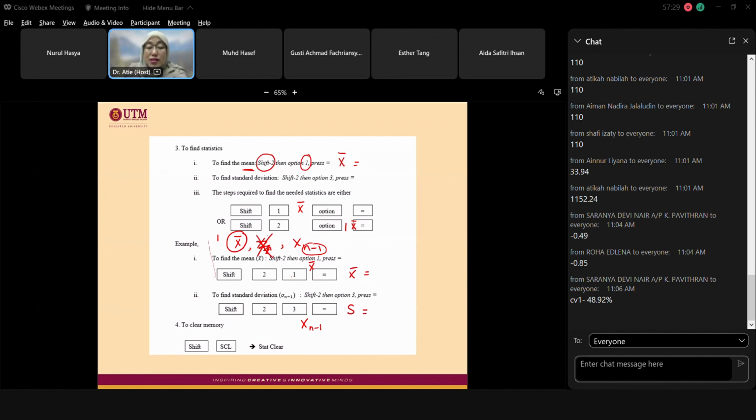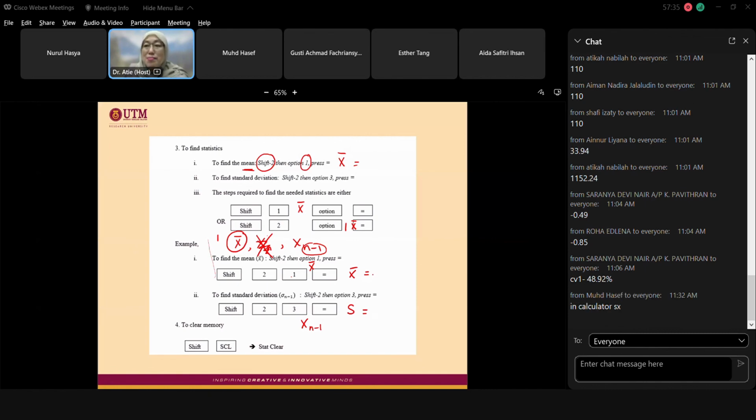So if you press shift 2 and choose option number 1, you will get the mean answer exactly like what you got when you calculated manually. Sometimes I speak Malay by accident, I'm so sorry. Okay, and if you want to find the standard deviation, the value of S, then you need to press shift 2 and choose option number 3, which has n minus 1.